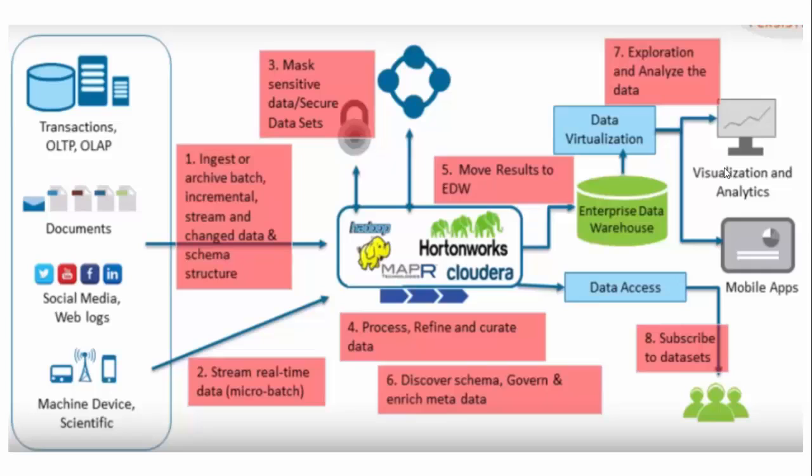This leads us to the sixth step, which is discovering schema, governing, and enriching metadata. Exploration and analyzing of the data happens in the next step, which leads us to the final step of the workflow of the data lake, which is subscribing to the data sets. Now, this workflow, which we see on the screen, aptly describes how the data lake workflow works.